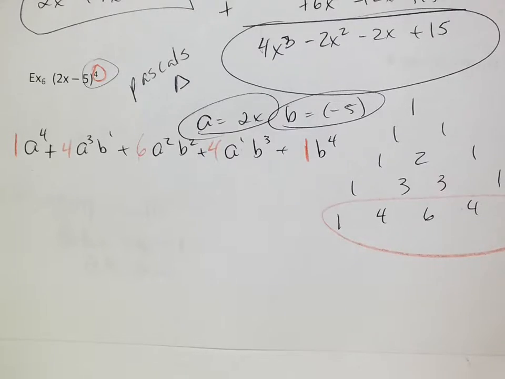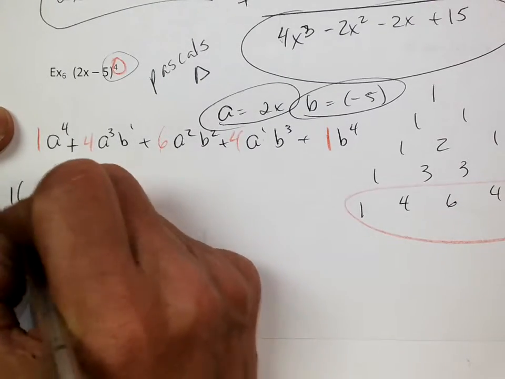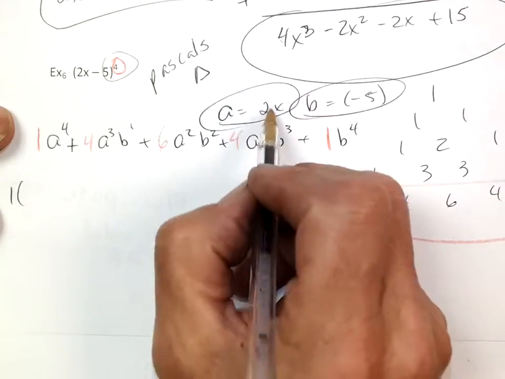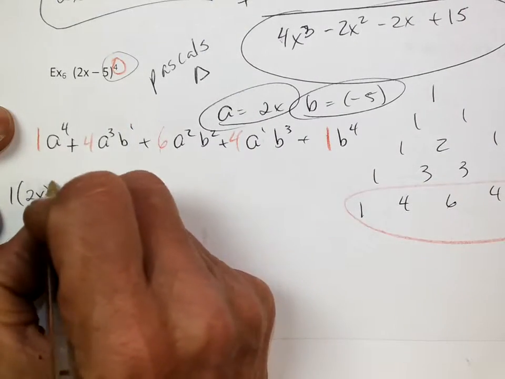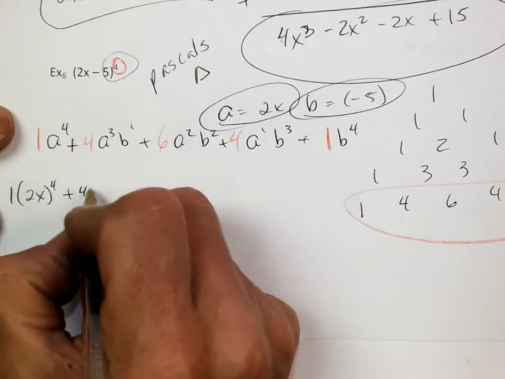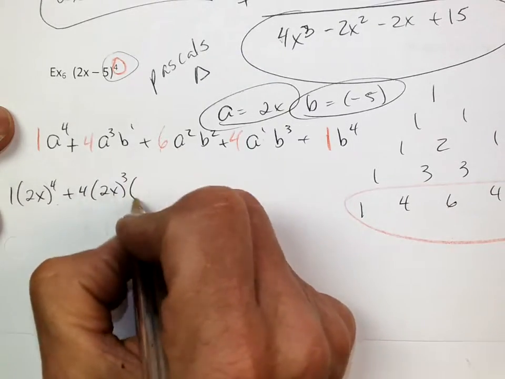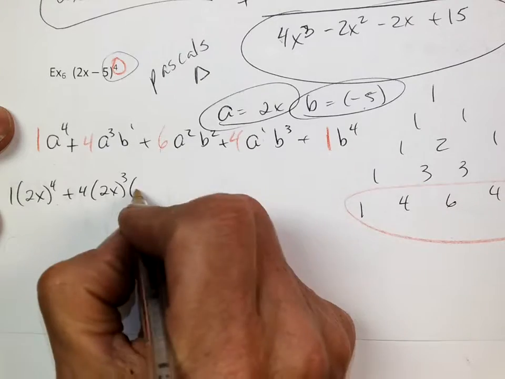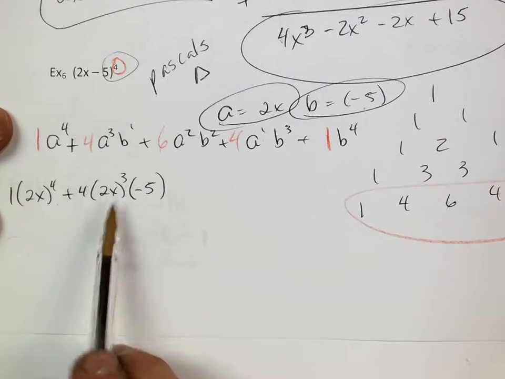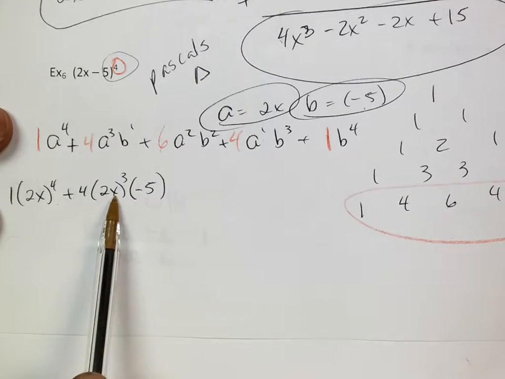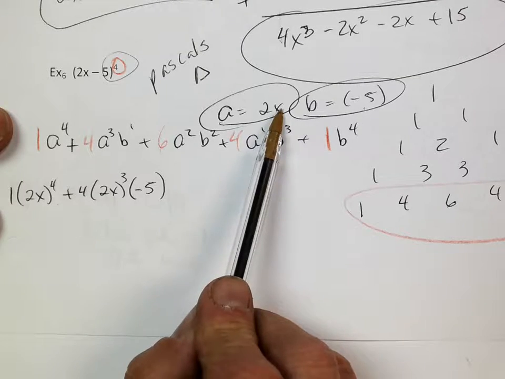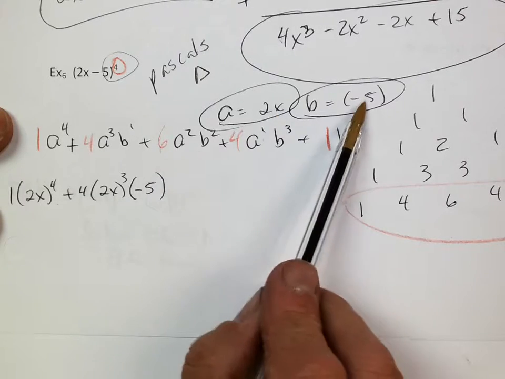Okay, let's plug them in. So, I'm going to have a 1, and A is actually my 2x to the 4th. Plus 4, and my A is really a 2x to the 3rd, but times my B, and my B is a negative 5. So I put in my A, which is my 2x, and I put in my B, which is my negative 5.